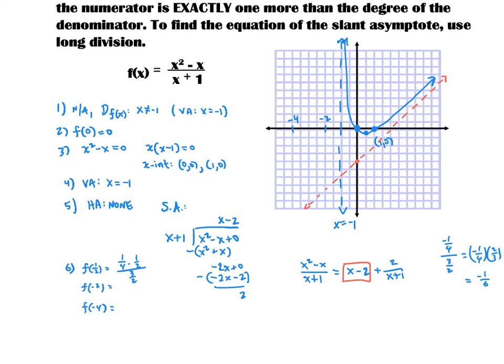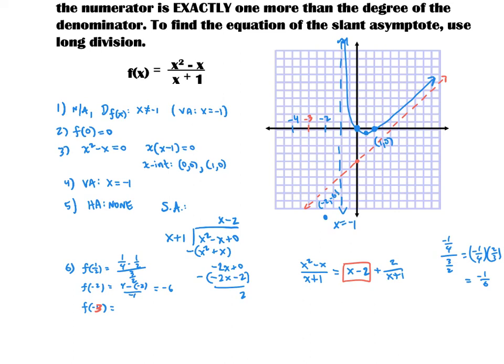Let's look at negative 4 and negative 2. And actually, I'm going to scratch negative 4, and I'm going to go with negative 3 here. So f of negative 2 is going to be 4 minus a negative 2 over a negative 1. So that'll be negative 6. Okay, so f of negative 2 is negative 6, which will be down here.